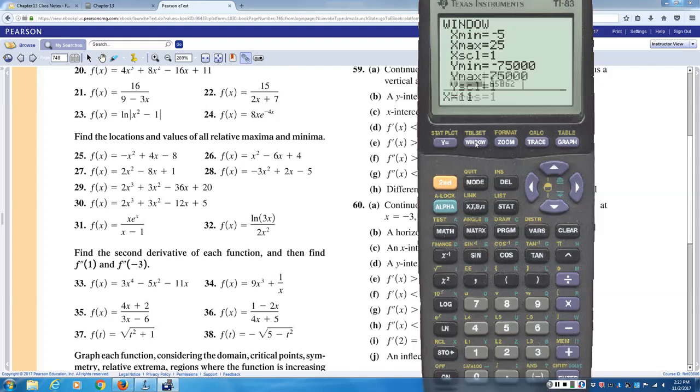So if we look on a little bit smaller window, what you see is that the function keeps on going up and up and up.